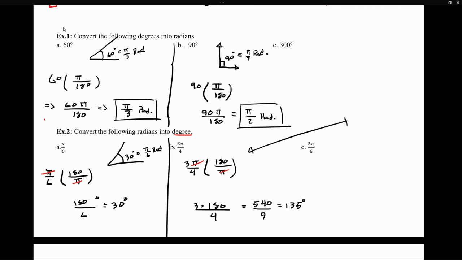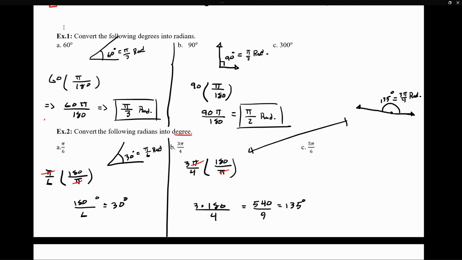So what this is saying is, if I have an angle and I open this angle exactly 135 degrees, give and take, this is also equivalent to just saying 3 pi over 4 radians.